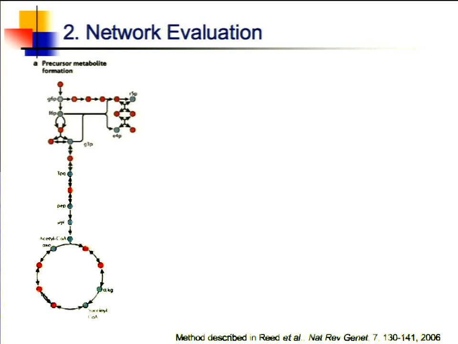In the second step, we use a bunch of different simulations to look at the network and see whether it is accurate enough and represents the state of the art of our understanding of this bacteria. The first thing we looked at is precursor generation.